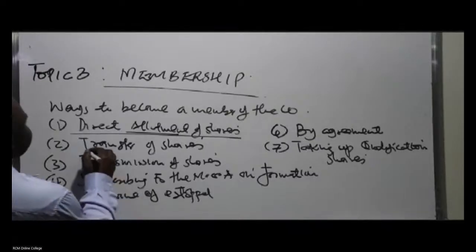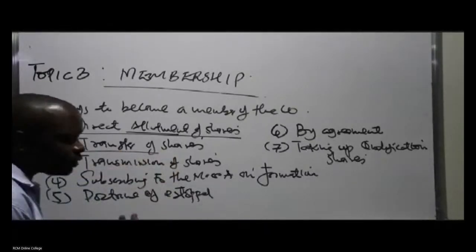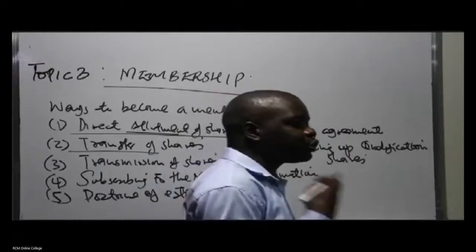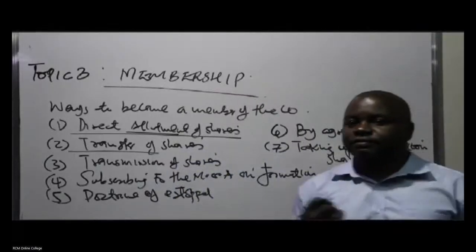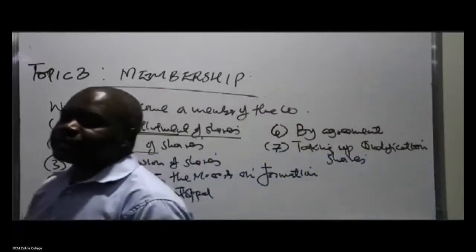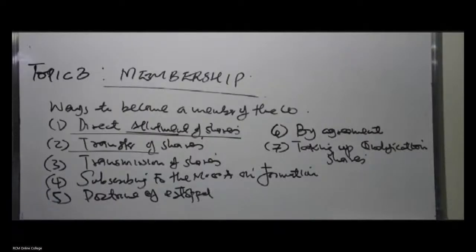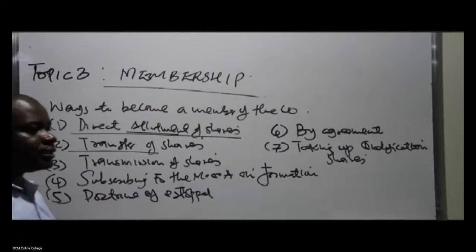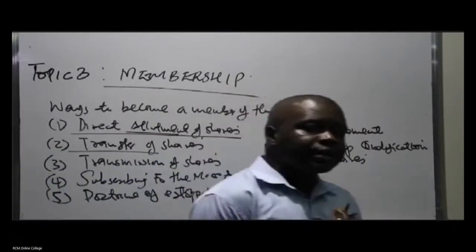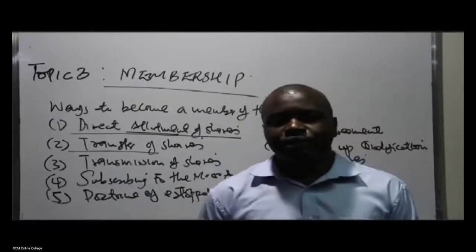Transfer of shares, this one I've already explained. The transfer of shares is a contract or agreement between two parties, the transferor and the transferee. The transferor is the one who agrees to transfer the shares to another party, known as the transferee. The consideration for the transferor is to give out the shares. The consideration for the transferee, the one receiving, is to pay the price of the shares.